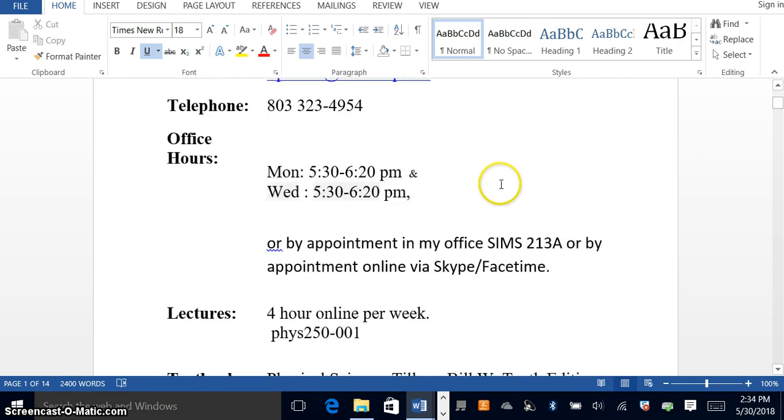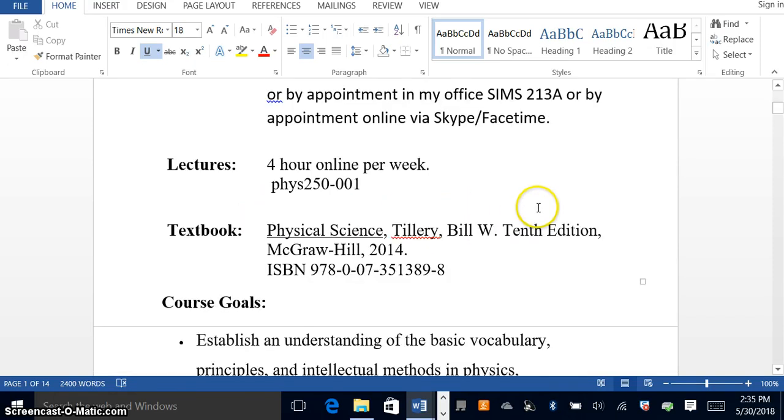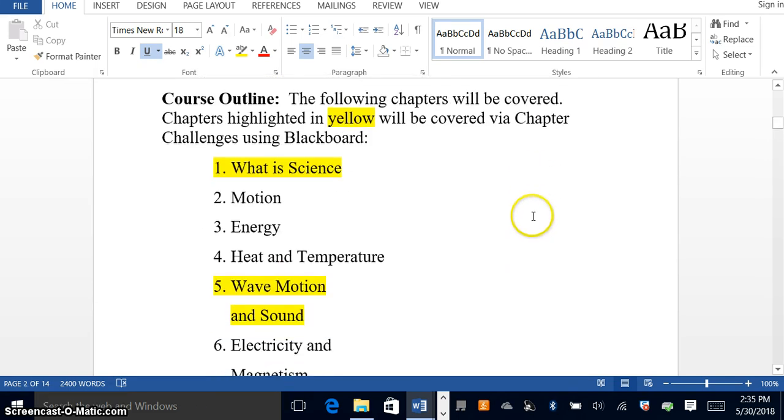Anyhow, it's a 4-unit class. Normally classes are 3 units, but you get the 4th one for doing the chapter challenges. So there's the textbook. There are some goals, so make sure you read this stuff. The stuff in yellow is what's covered by the chapter challenges.